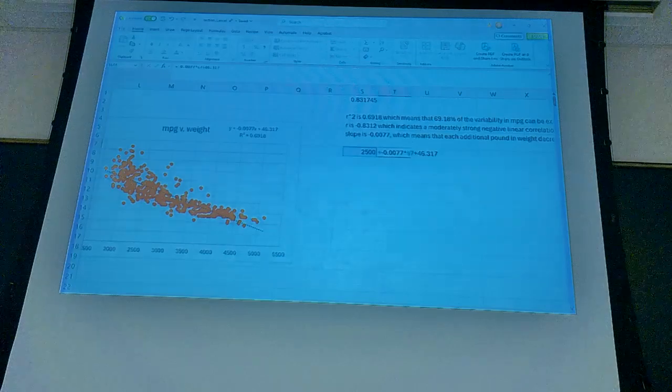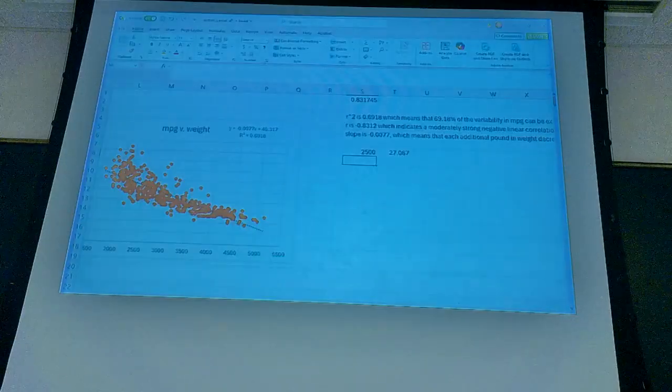You can just use Excel to do it. What was the other one? 4,000? Here I don't have to say that. You take that, so just drag and drop it.